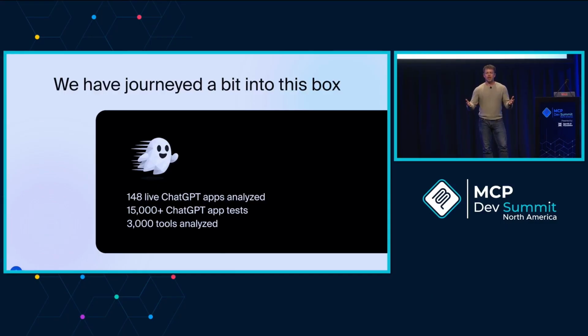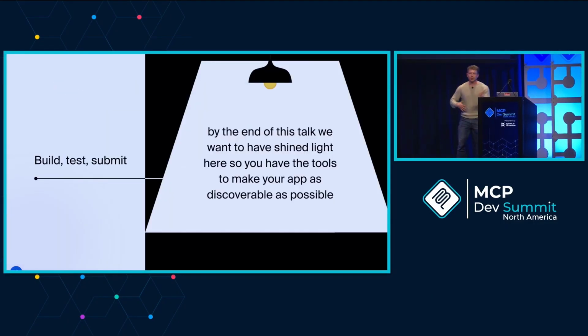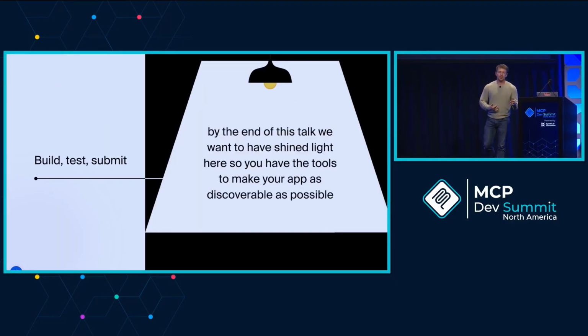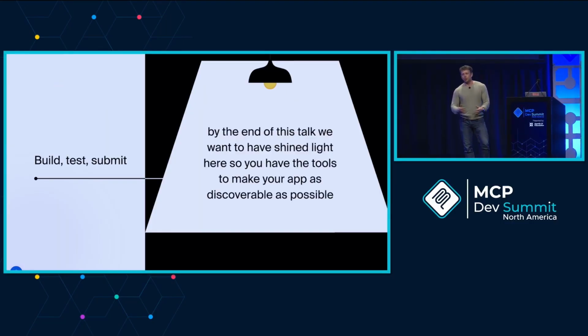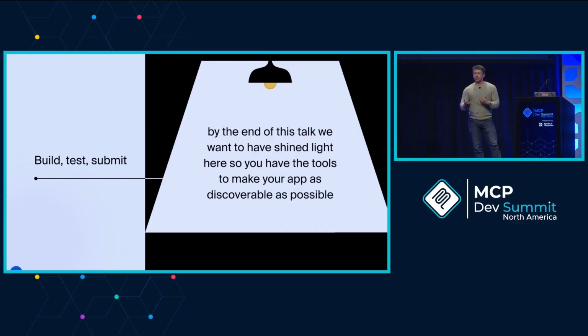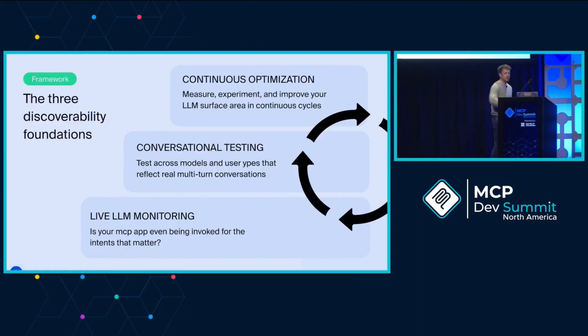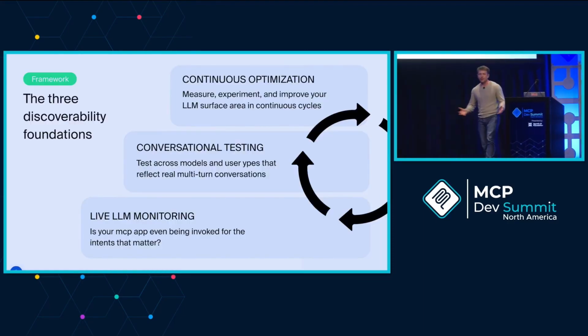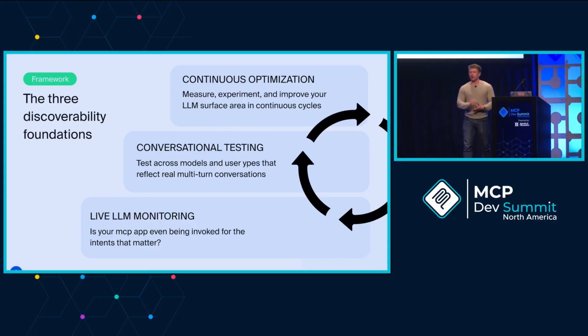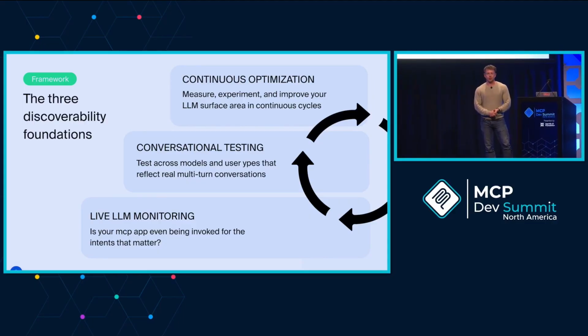What we want to do today is give you a little bit of insight into some of this black box, so that once you have your own MCP app live, you have a few tools or ideas to start to think about how can I optimize, how can I make sure that what I built actually gets discovered and actually gets used. And we're going to do this by sharing our 3 discoverability foundations: live LLM monitoring, conversational testing, and continuous optimization. So we're going to get into these 3.